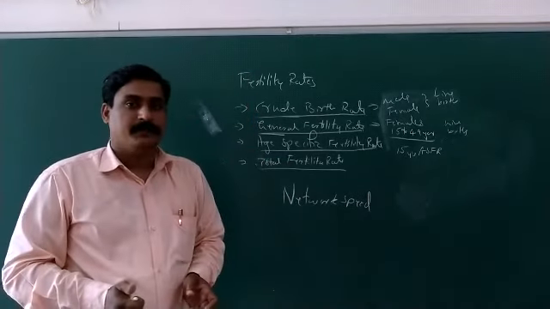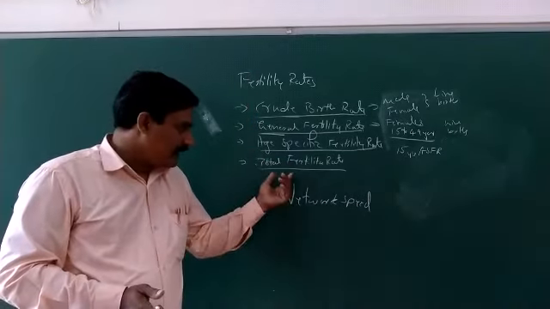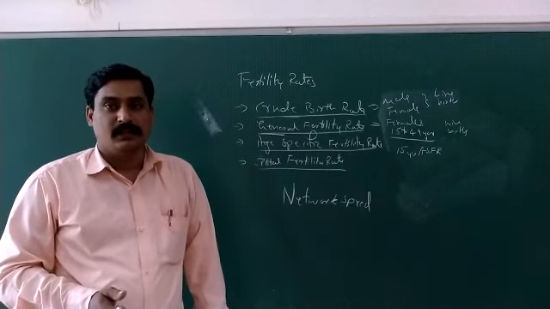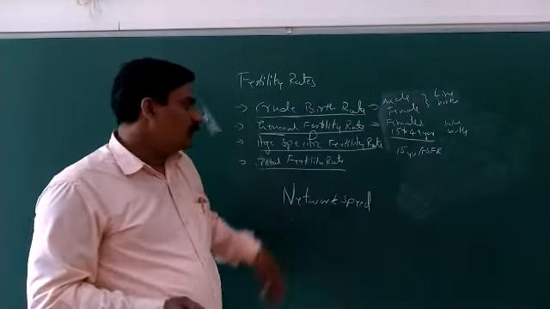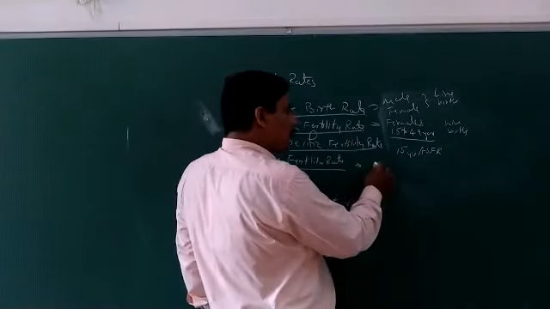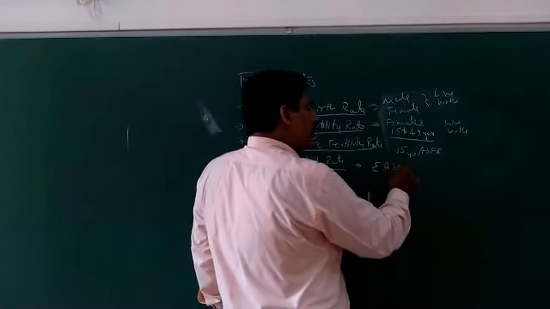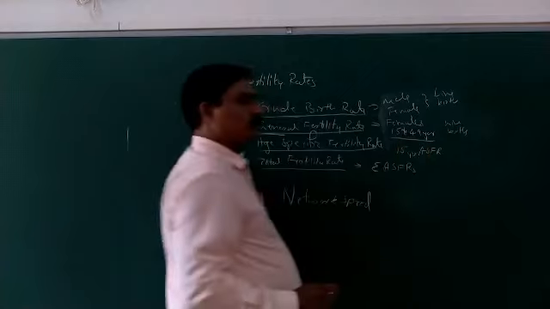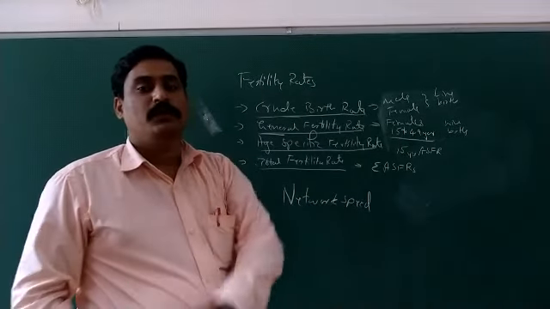With the help of age specific rate, finally we calculate total fertility rate. Total fertility rate is nothing but the sum total of ASFRs for ages 15 to 49.